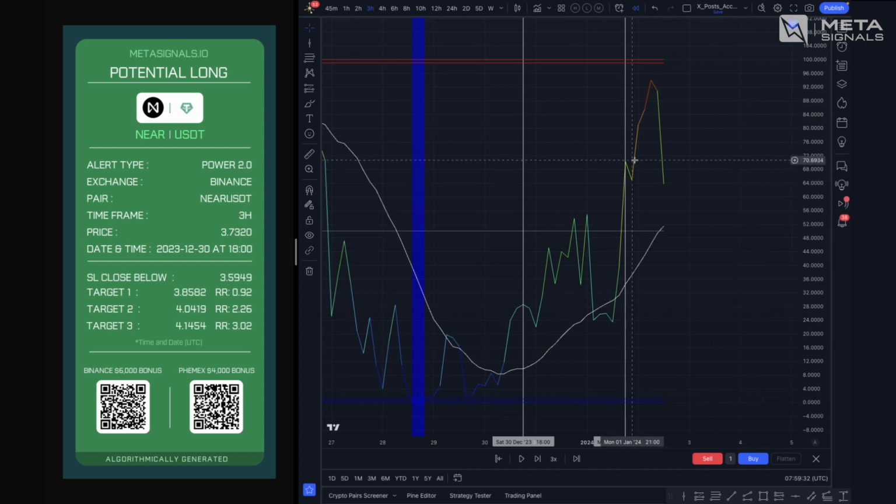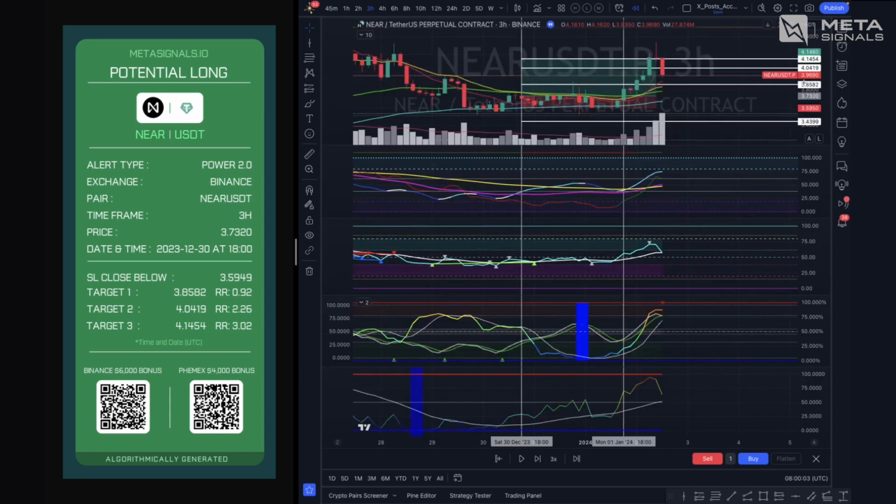PMARP, it was getting up there. So the reason the algos didn't trigger this alert is because when you get PMARP above 50, 60, 70, your win rate comes down. So the algos triggered this preliminary signal, and once you survived the price action that occurred here, this was more your signal that, look, things have changed.